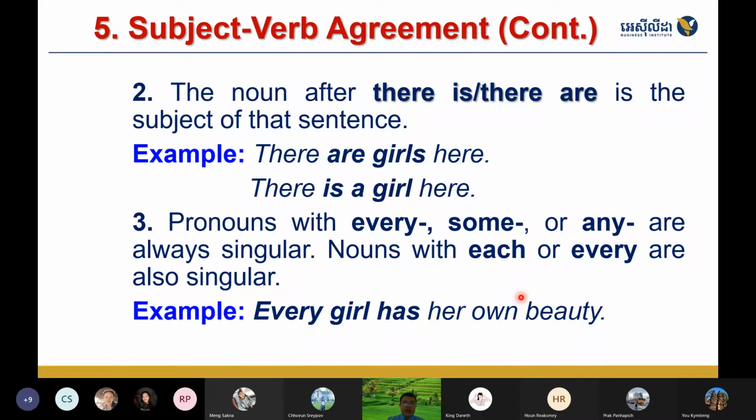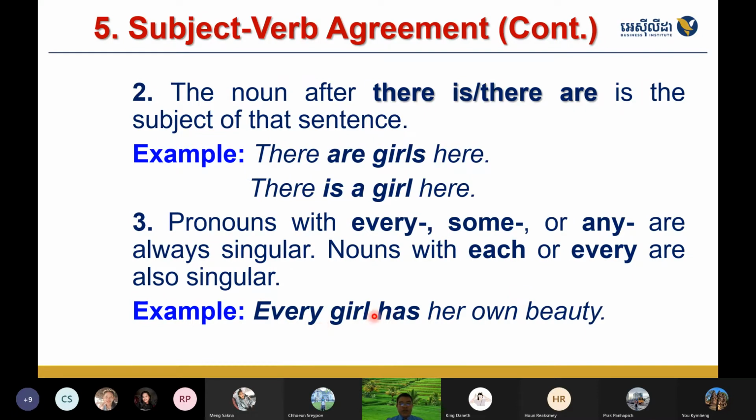Yes, there is, there are. So after there are, you have to add a plural noun. And after there is, you have to add a singular noun. Just remember this, okay? And every, each, you have to use with a singular noun, like every girl has her own beauty.